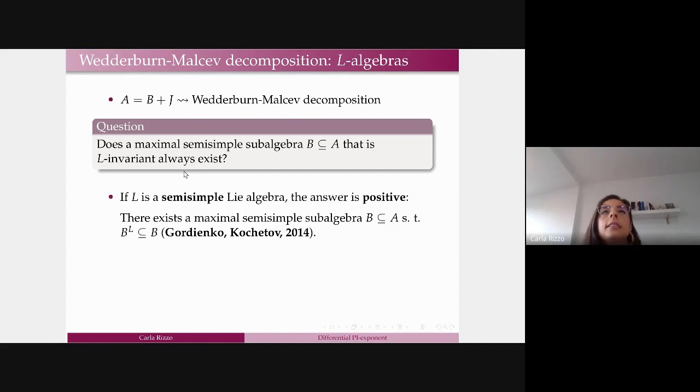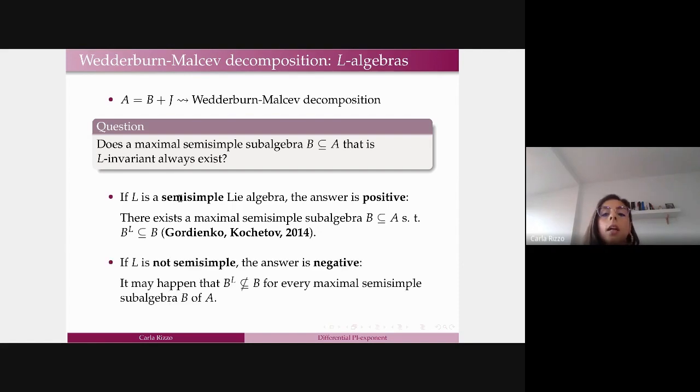So the answer depends. If L is a semisimple Lie algebra, then the answer is always positive: there always exists a maximal semisimple subalgebra that is L-invariant. This is a theorem of Gordienko and Kochetov of 2014. If L is not semisimple, the answer is negative, in the sense that it might happen that for every maximal semisimple subalgebra, this subalgebra is not L-invariant.